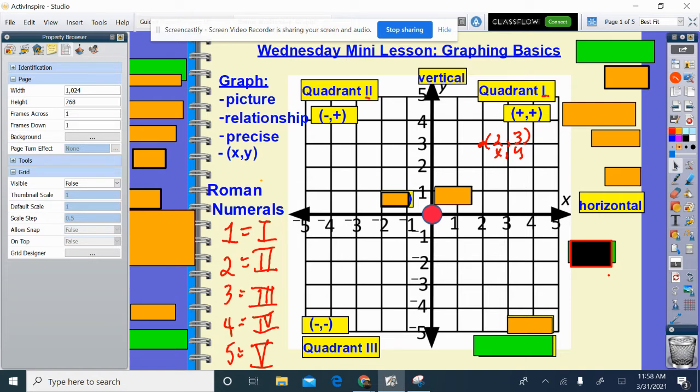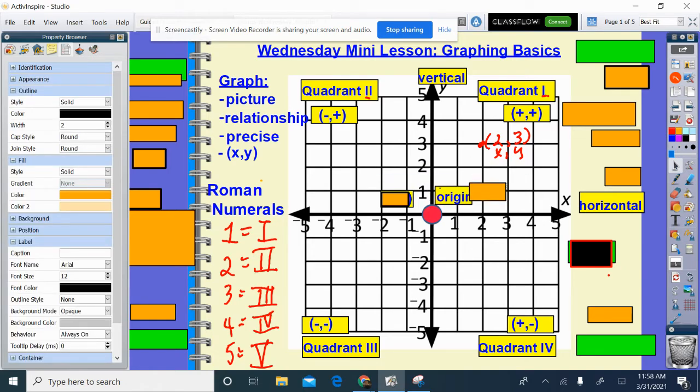Quadrant 4 is over here, of course. And again, notice the Roman numerals, capital I, capital V, indicate 4 in Roman numerals. This is where all your x values are positive, all your y values are negative. So that's positive, negative. Now, I mentioned that this graph is formed by the intersection of two number lines. Well, that's right here at 0.